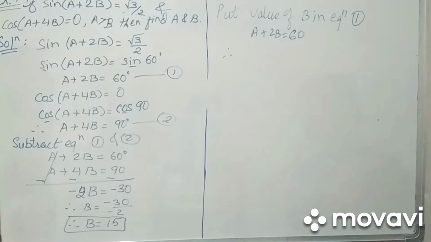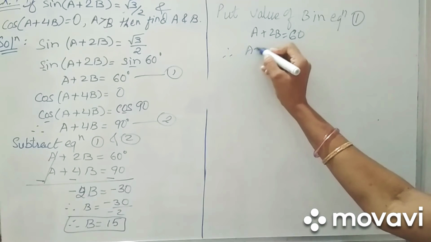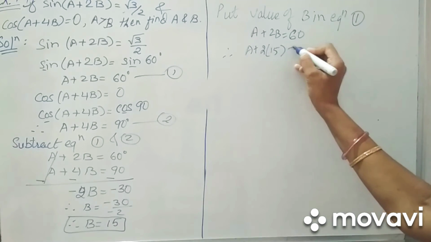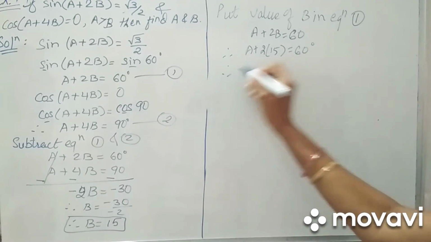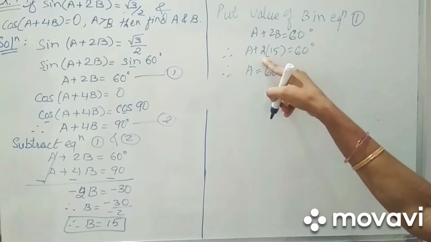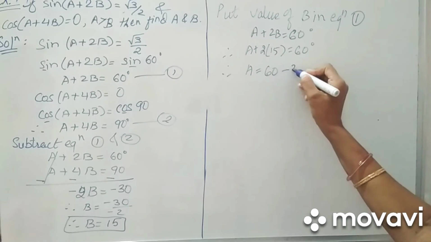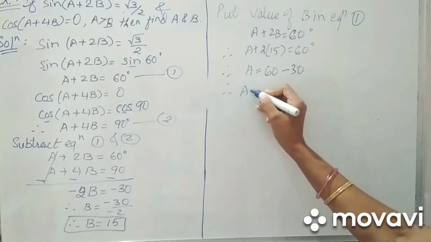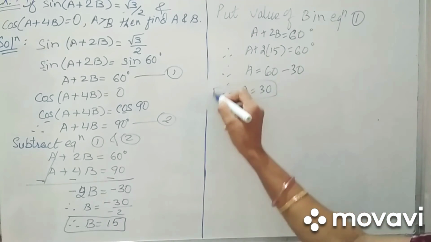Therefore, a plus 2 into 15 is equal to 60 degrees. Therefore, a is equal to 60 minus 30. This 30 goes to the other side, so it will be negative. Therefore, a is equal to 30.